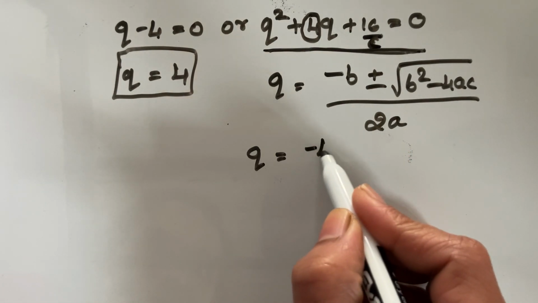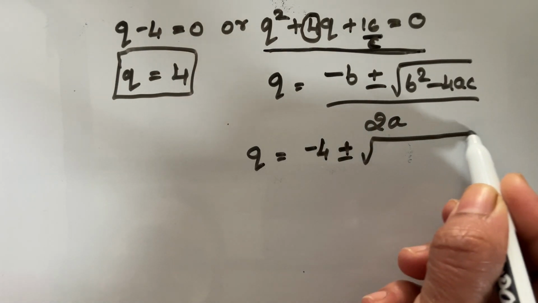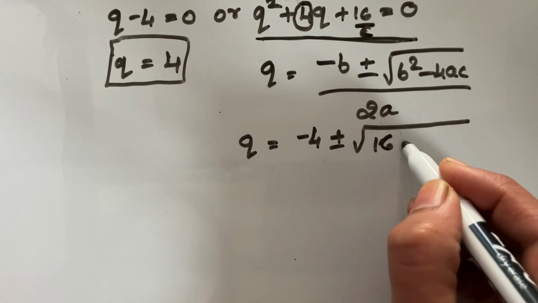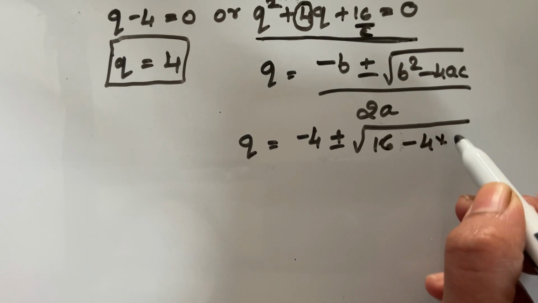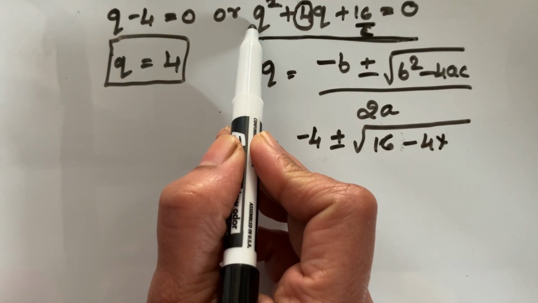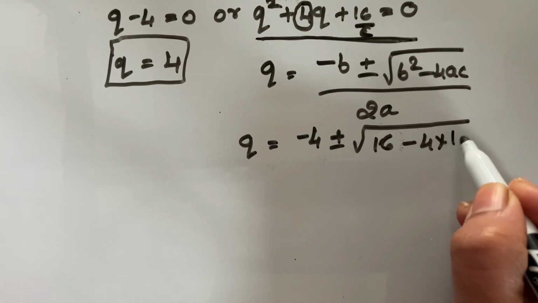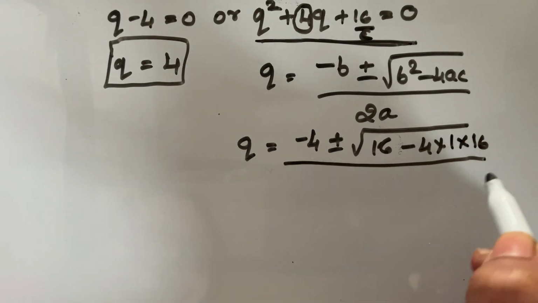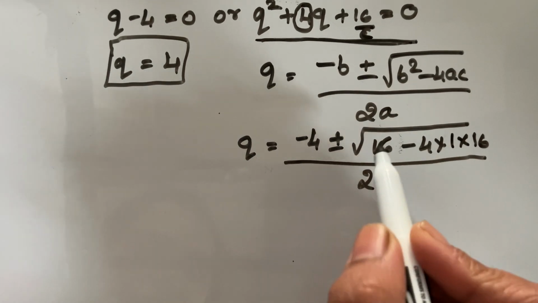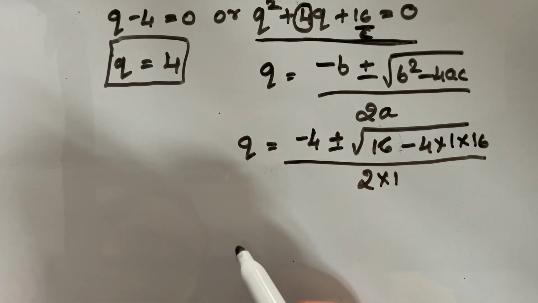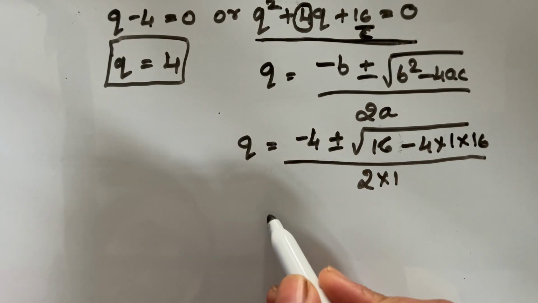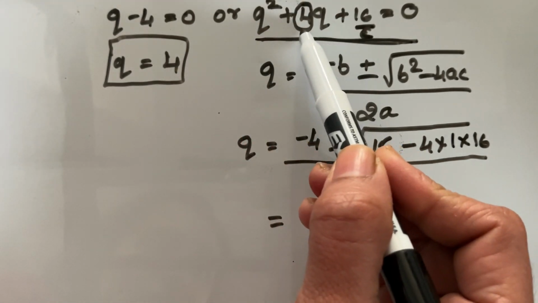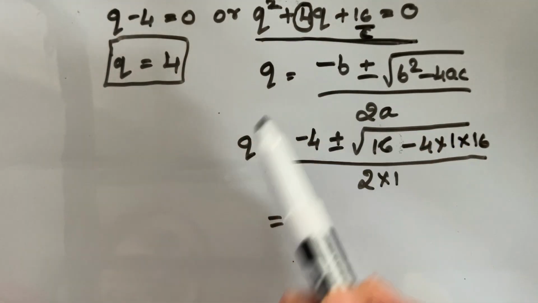Minus b, minus 4, plus or minus square root of b square, that is 16, b is 4, minus 4 times a, the coefficient of q square, so that is 1, and c is 16, divided by 2 times a, 2 times 1. A means the coefficient of q square, b means the coefficient of q, and this constant is c.